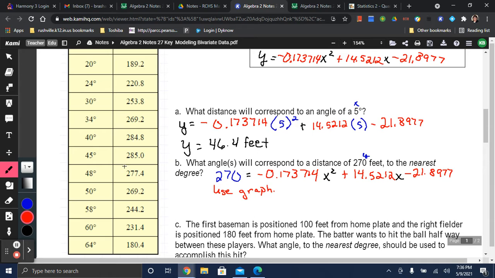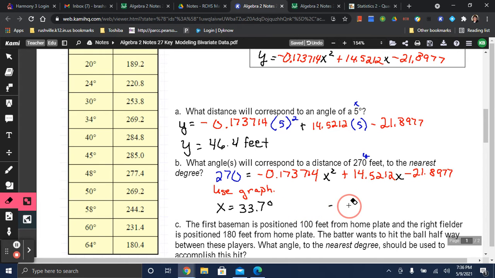So using the graph, x would equal 33.7 degrees, or x could equal, and then let's find it again. Actually, this said to hang on before I do this, this said to go to the nearest degree.